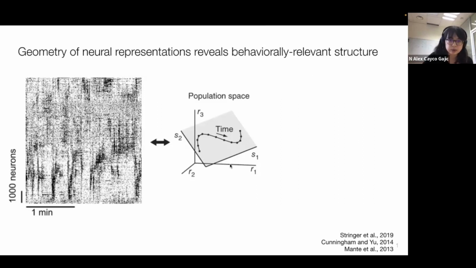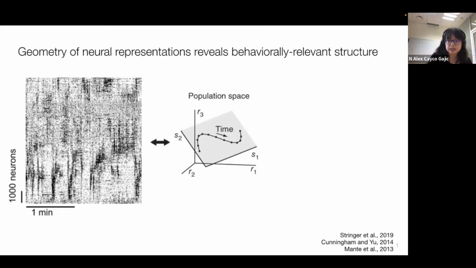This is an example of neural activity space. R1, R2, R3 are the activities or the firing rates of three different neurons in this example. And methods like PCA look for a low dimensional subspace, here spanned by the two latent variables S1 and S2, in which the high dimensional activity is embedded.